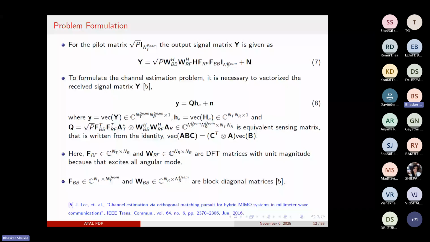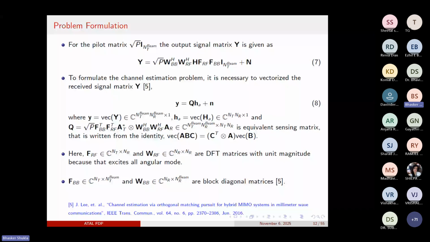Basically, if there are three matrices A, B, C, and you want to vectorize, then there is an identity that vectorization of ABC is given by C transpose Kronecker A times vectorization of B. On the basis of this formula, this is the conversion form, and here Q is given by this formula.